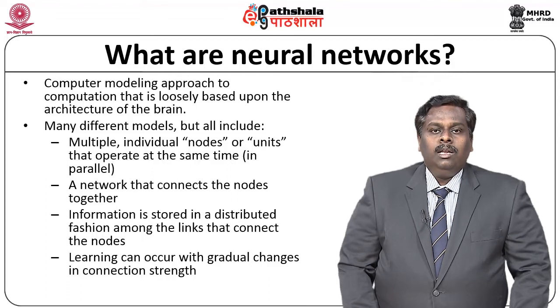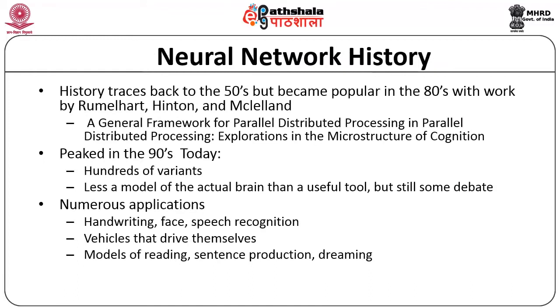And the learning in any neural network occurs with a small or gradual change in the connection strength. This change is very minimal for each iteration, but over a period of various iterations there will be a significant amount of change in the link strength or connection strength. Now, let us understand the history of neural networks.